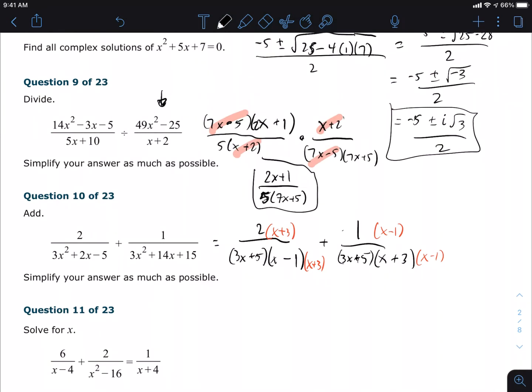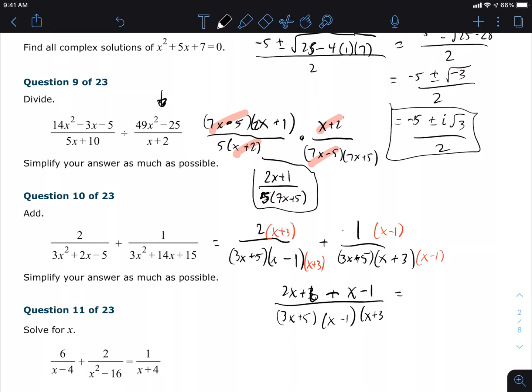And so we're going to get 2x plus 6 plus x minus 1 over (3x plus 5)(x minus 1)(x plus 3).